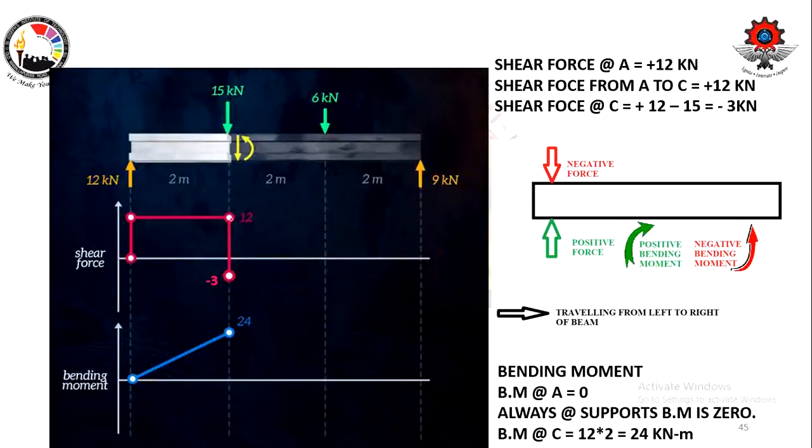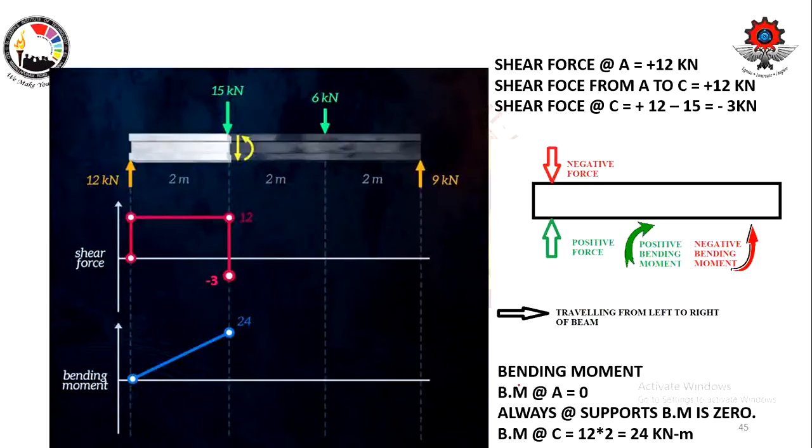Now we got shear force at C to be minus 3. So this 12 should travel from here to here, minus 3. It is traveling from here to here, 12 to minus 3.